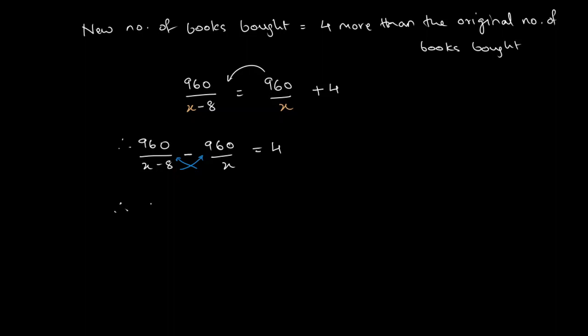So therefore 960 into X minus 960 into X minus 8 in a bracket, entire thing divided by, and this is to be put in a bracket, the multiplication of these two in the denominator here. So let's multiply that directly. X into X will give me X square. X into minus 8 will give me minus 8X, and all of this is equal to 4.